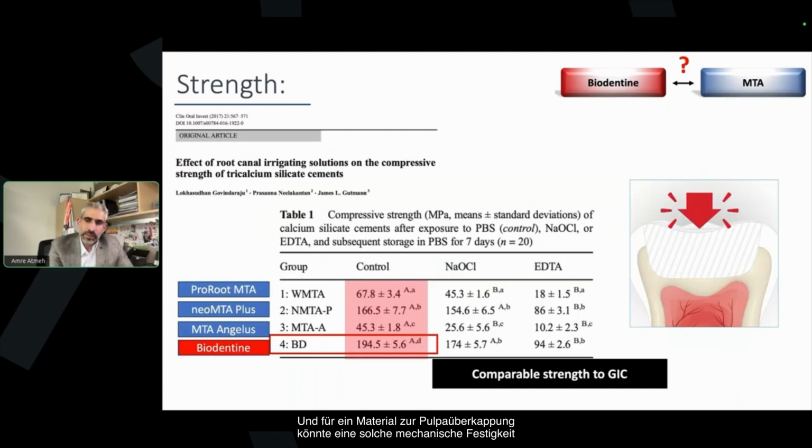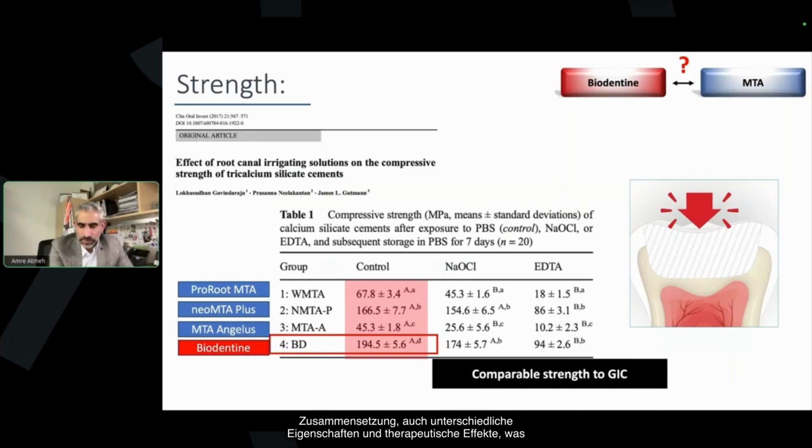If we talk about the mechanical properties, and this is just to show that comparing the different calcium silicates, biodentine shows a much higher compressive strength compared to the other materials. And that's very close to the strength provided by glass ionomer. That's why biodentine is meant to be a restorative material based on the properties and the mechanical strength it gives.